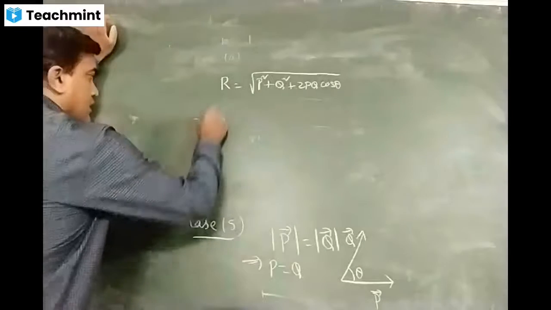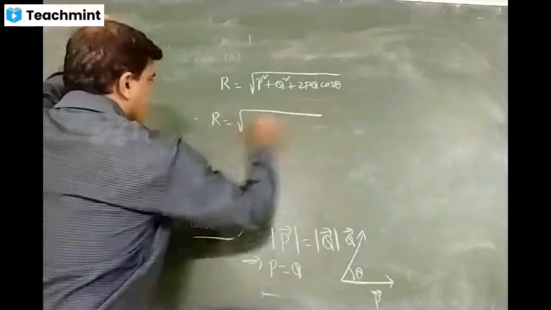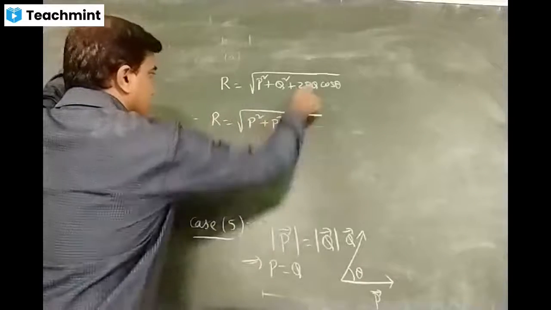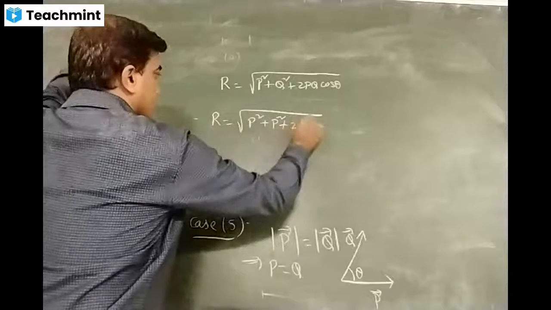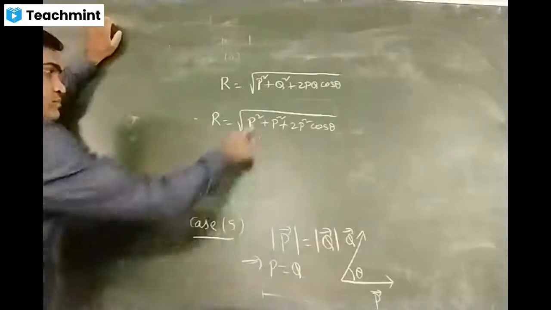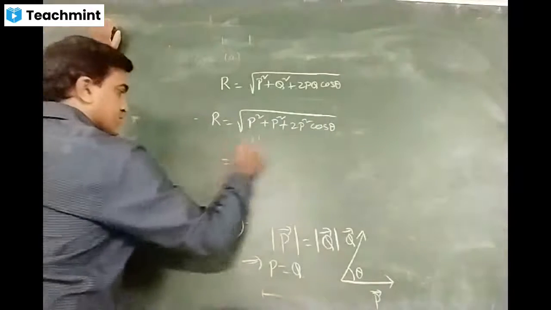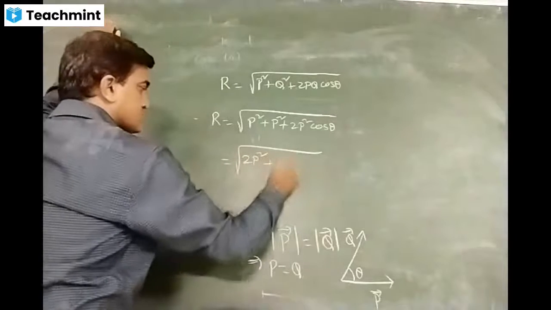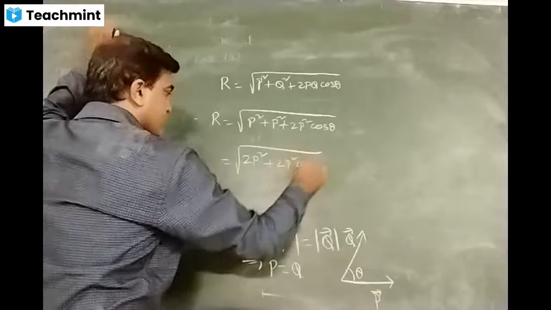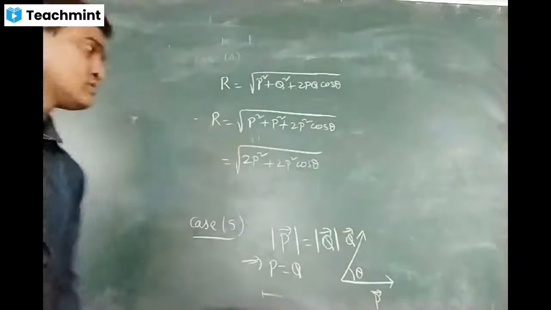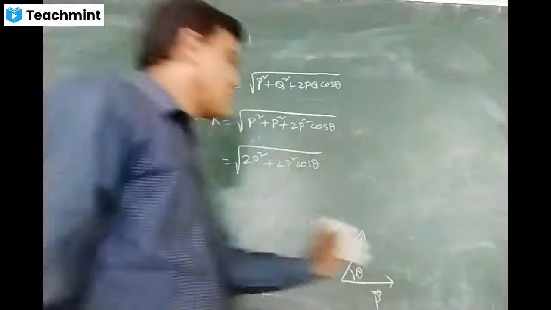R is equal to the square root of P square plus P square plus 2P square cos theta. P square plus P square is 2P square, so 2P square plus 2P square cos theta.